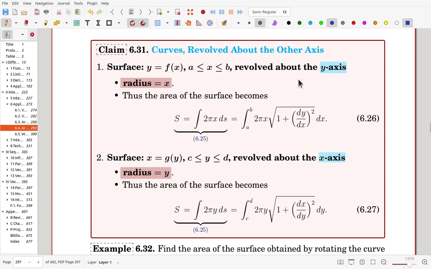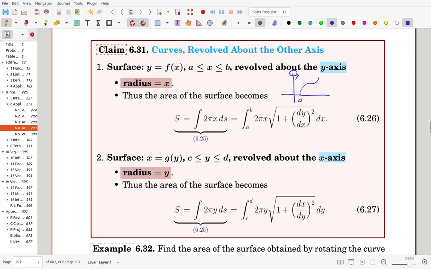Then in this case, its rotation is about the y-axis. And here the radius must be x. Because, pictorially, we have A to B, a curve is given, and then the rotation is about the y-axis.